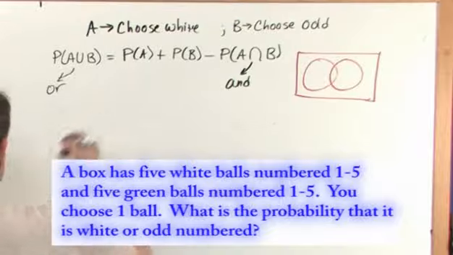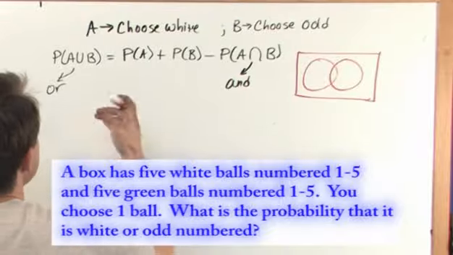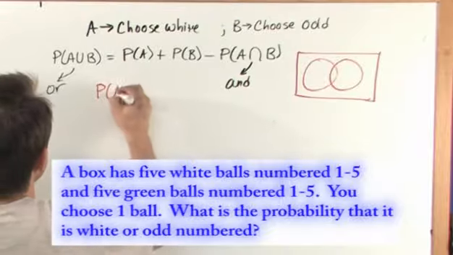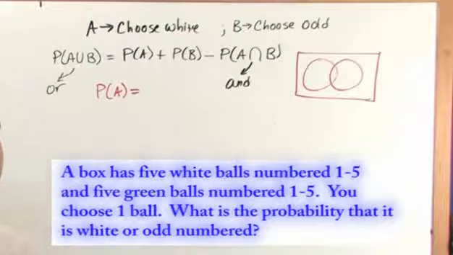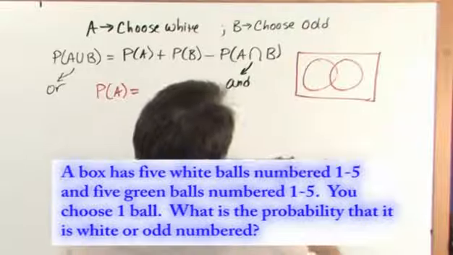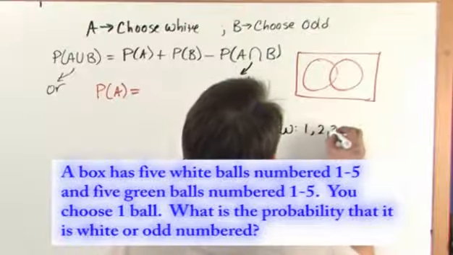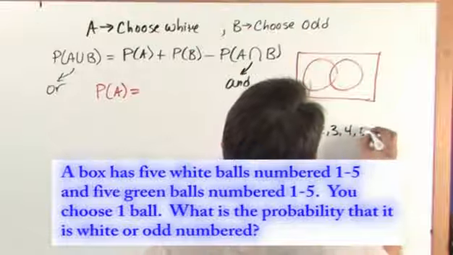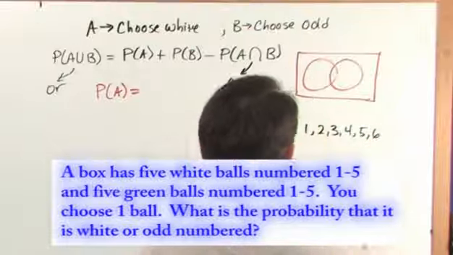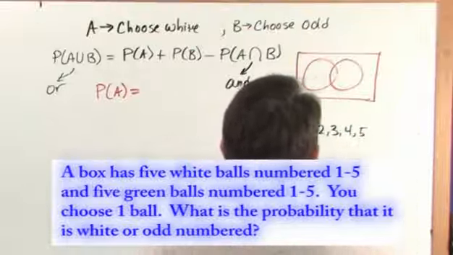So let's go ahead and find the probability of A, the probability that I have chosen a white ball. Let's look and see what kind of balls we have in here. White balls 1 to 5.